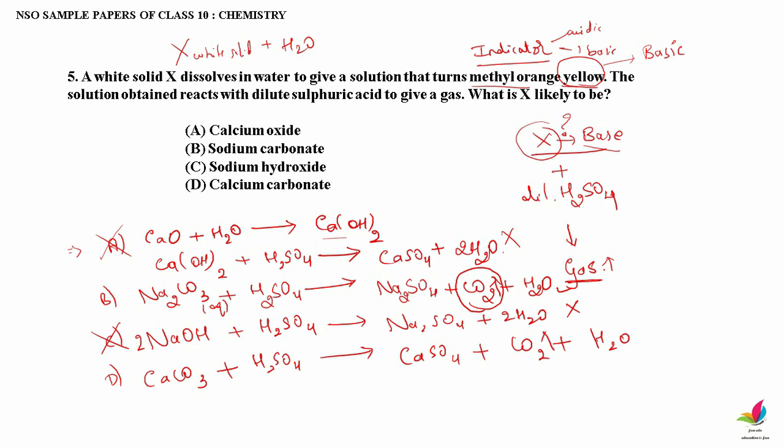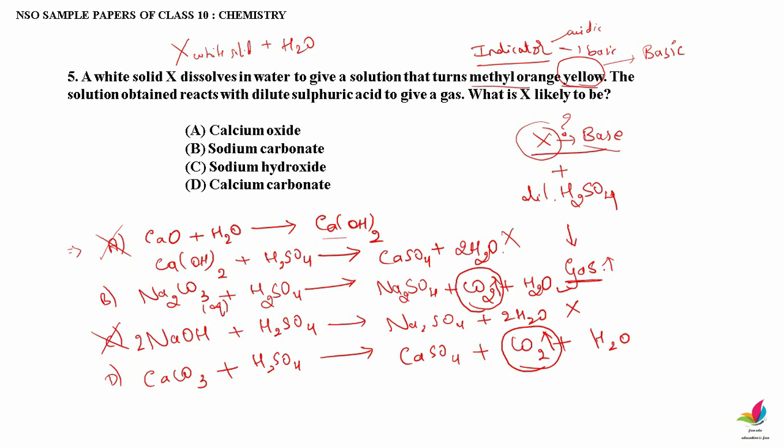So in this case also carbon dioxide gas will be evolved, because both are carbonates, sodium carbonate and calcium carbonate. Whenever you add a metal carbonate into sulfuric acid, obviously it will form metal sulfate and carbon dioxide along with water, correct?